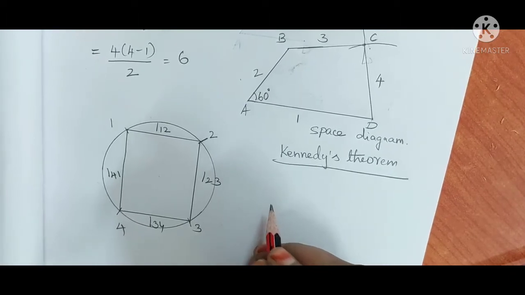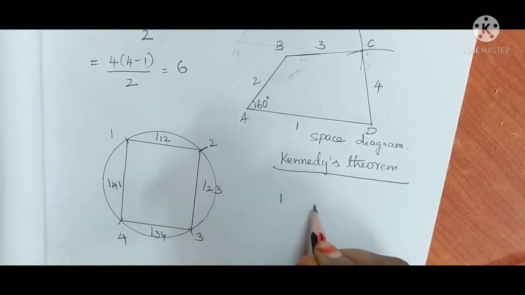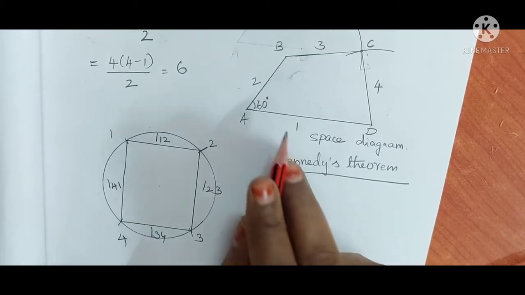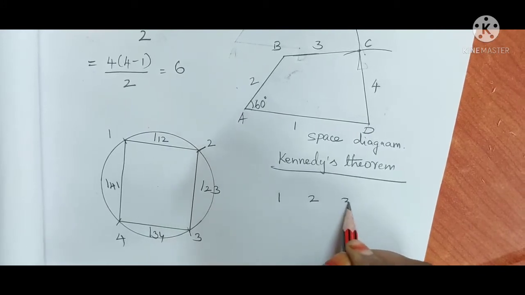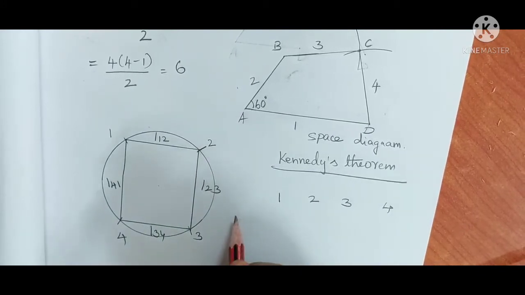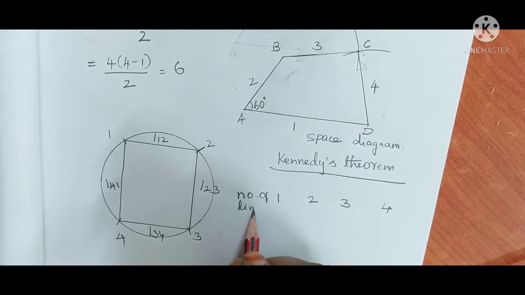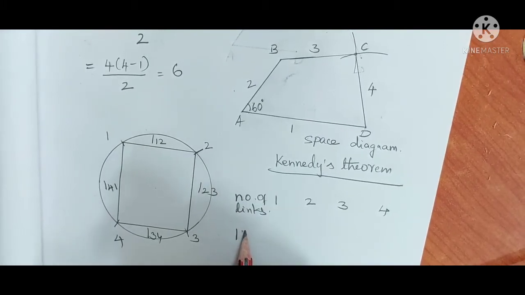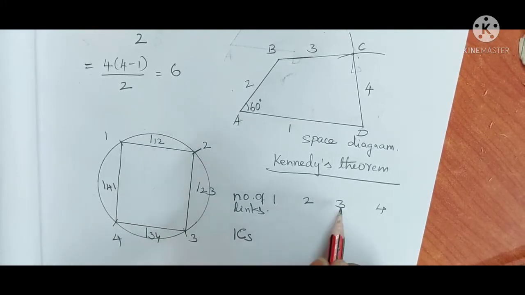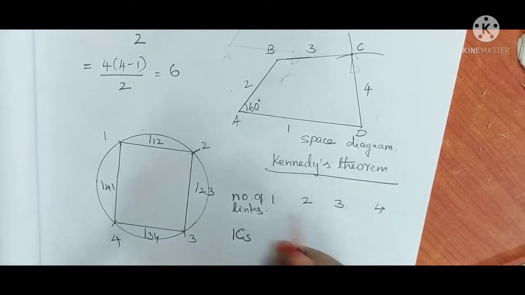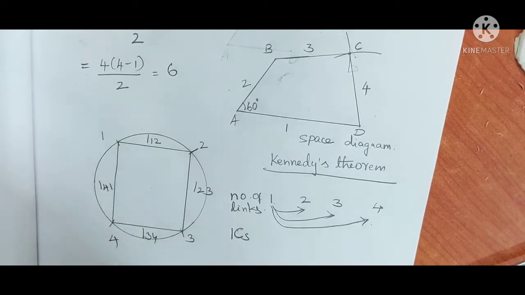What are the remaining 2 centers? We can use the table method to find them. Here we have 4 links, 1, 2, 3, 4, and then the instantaneous centers. How can we make it? 1 multiplied with 2, 1 with 3, 1 with 4; it goes in the forward direction, not backward.